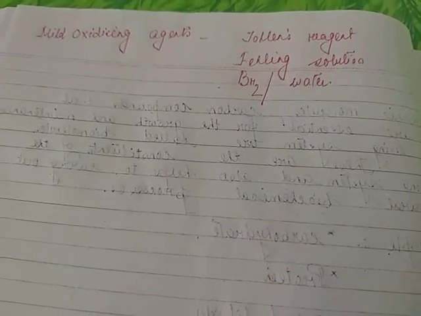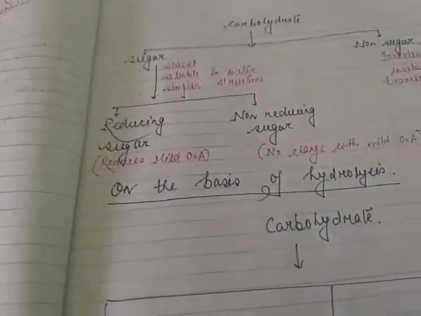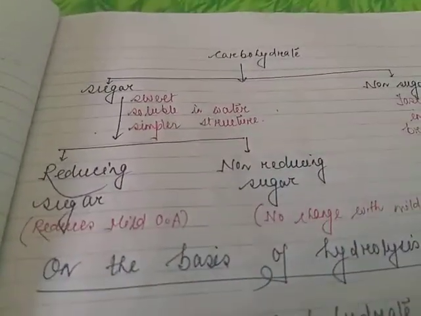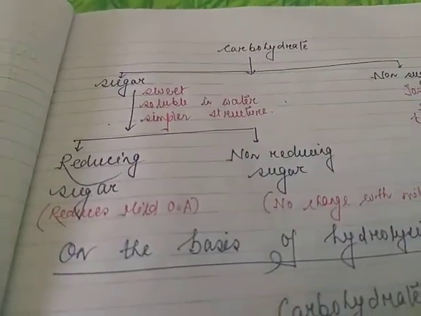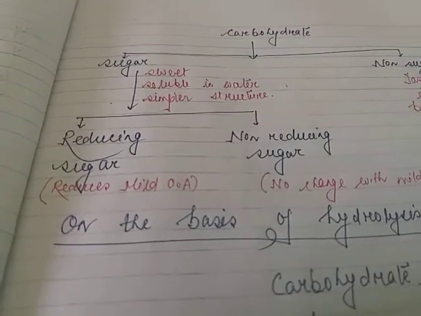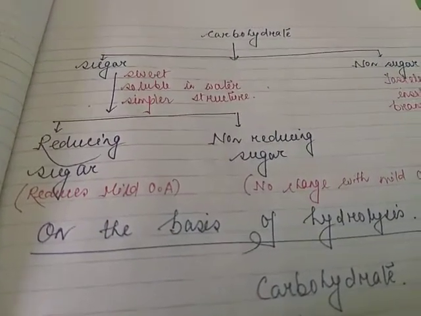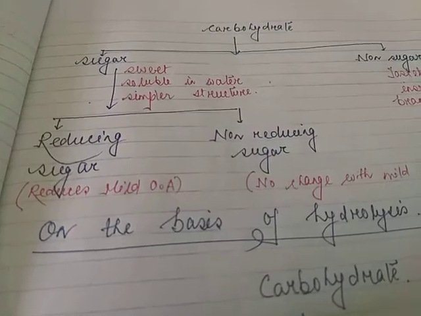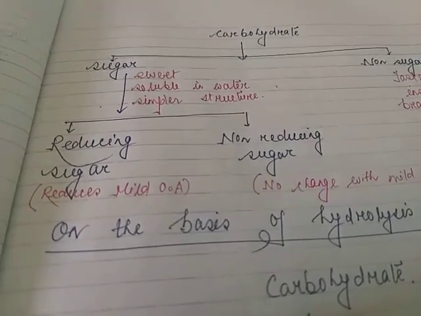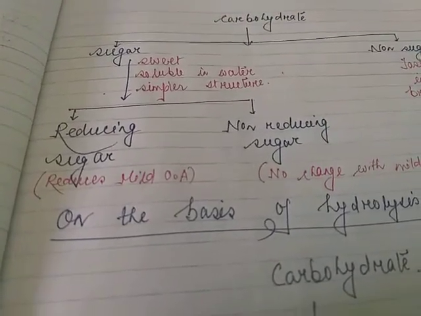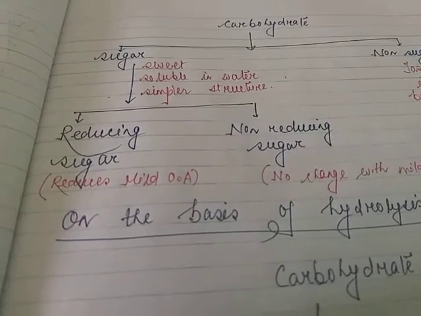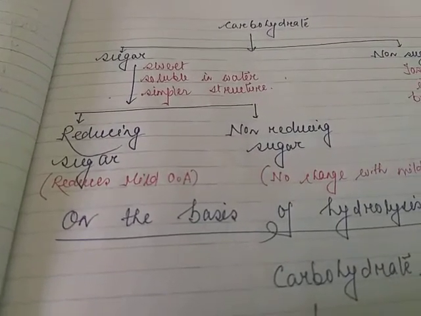In fact, what happens when the reducing sugars are treated with Tollens reagent, it gives a uniform lining of silver in the wall of the test tube. It means that it can reduce the mild oxidizing agent to silver while itself can be oxidized.